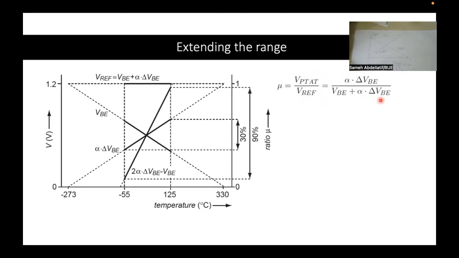I mean, the temperature difference is very, very small, so that the delta VPE is equal to 0. So in this case, you will get mu equals 0. So this is the minimum value of mu, which is somehow a theoretical condition.